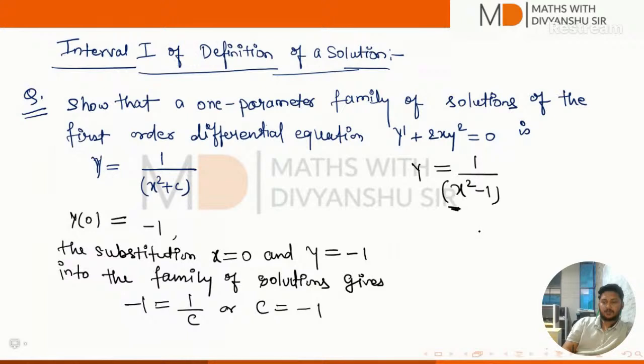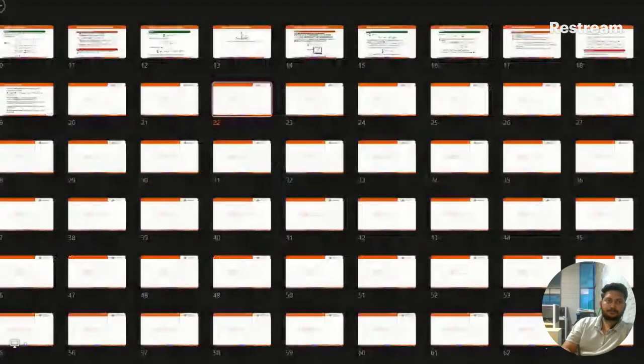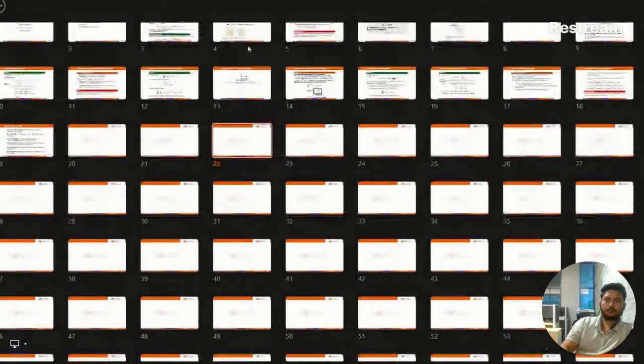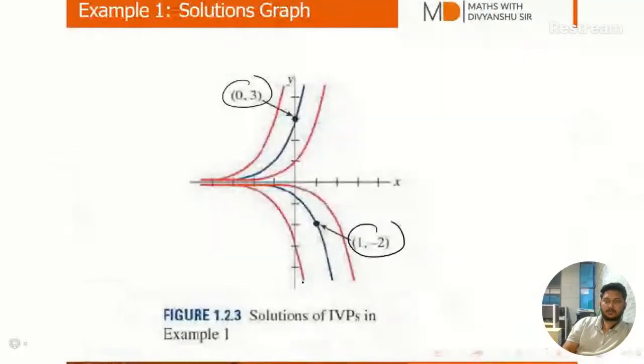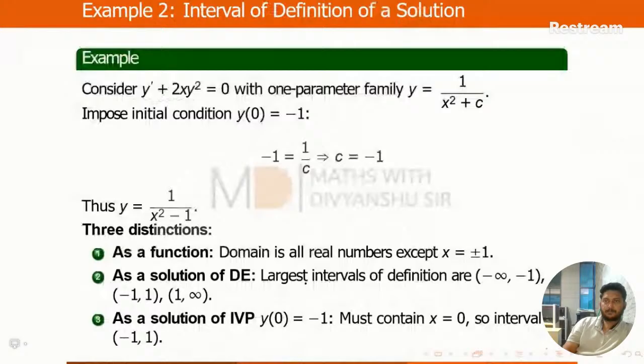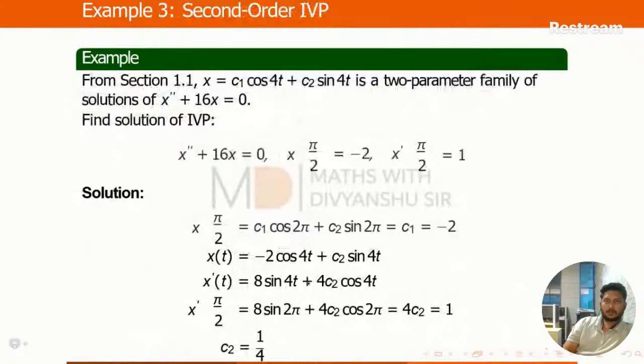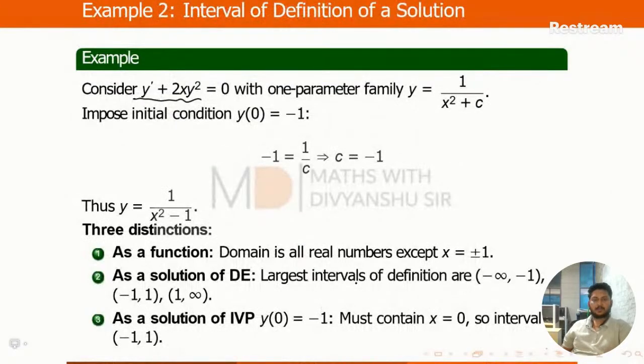Now I'll show you the graph portion. As a function, the domain is all real numbers except x = plus minus 1.